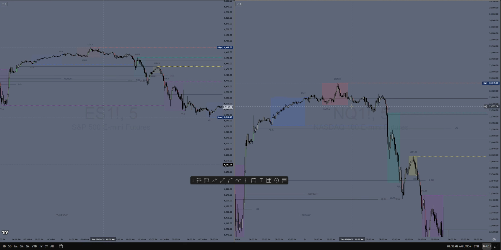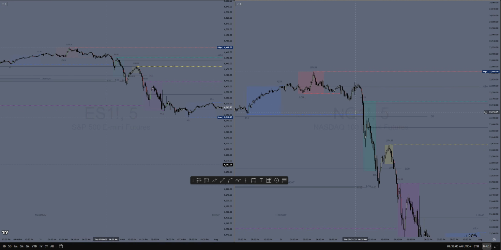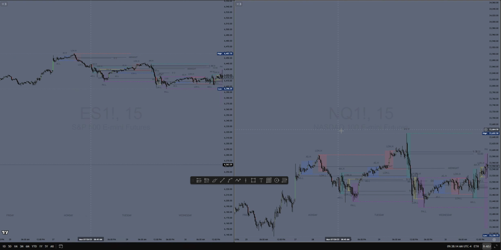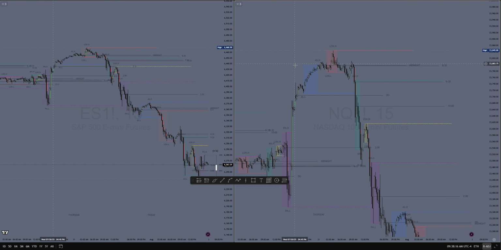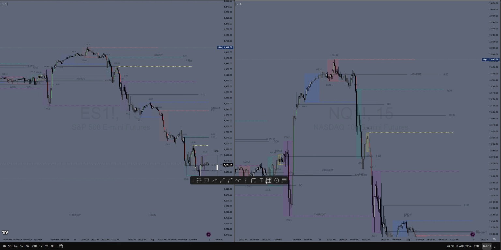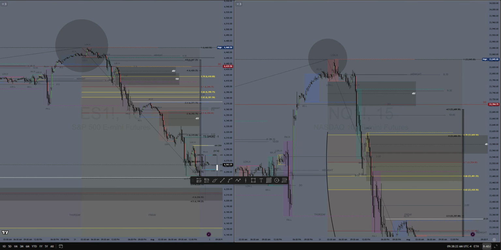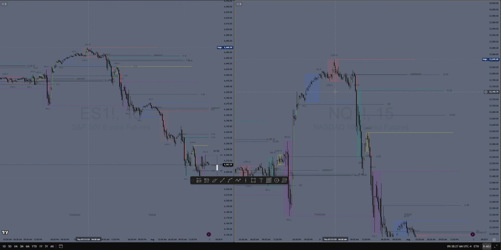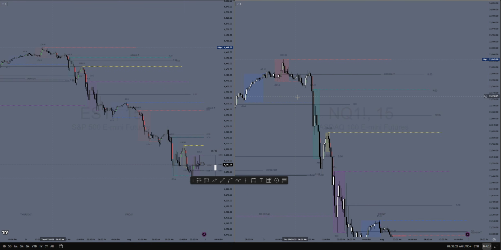For those of you that know, we would have our London standard deviation for our New York distribution. So right here though, on maybe a 15-minute time frame, we have this. Oh, that looks a little bit messy. Don't worry about that.